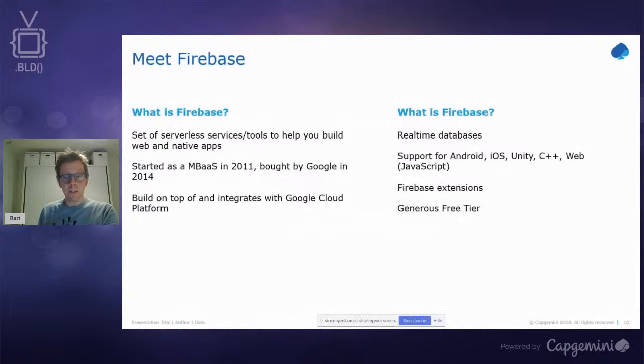And what's also nice about it is it has a generous free tier. You can really use Firebase for your MVP. I would really recommend doing that because, if you only have a few users, good chances are, depending on your design, that you can use it to a large extent for free for your first initial set of customers.